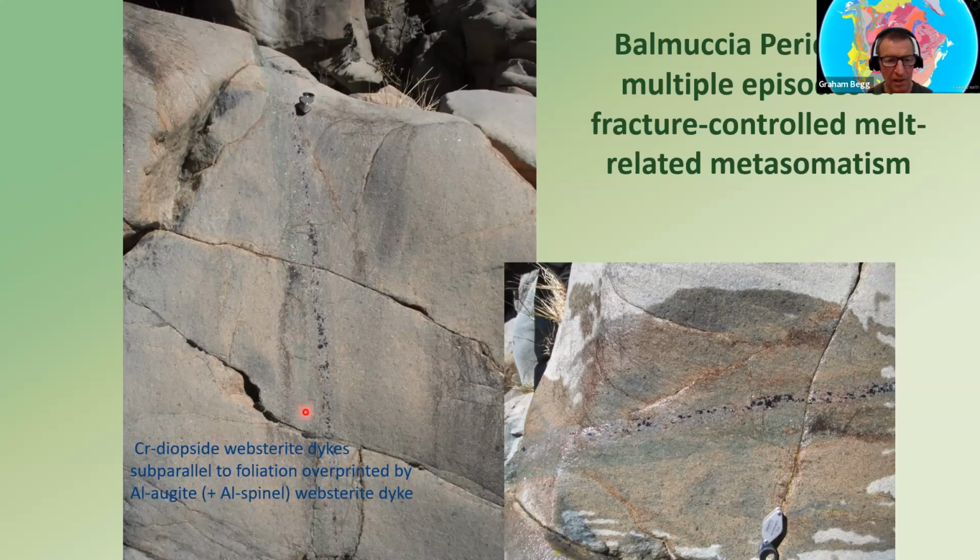There's a chrome diopside websterite dike in green, and that's overprinted by this pink and black dike in the middle, which shown on the right-hand side here is this feature, and that's an aluminium augite spinel websterite dike. So the continental mantle is very heterogeneous, and it's very, very complex.